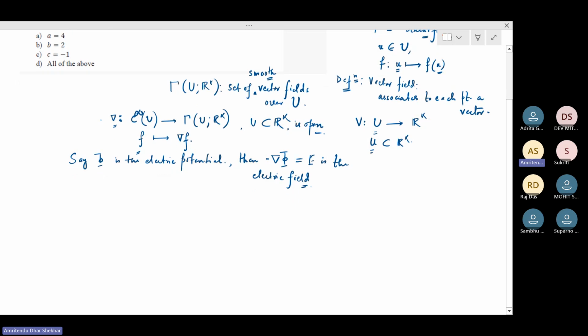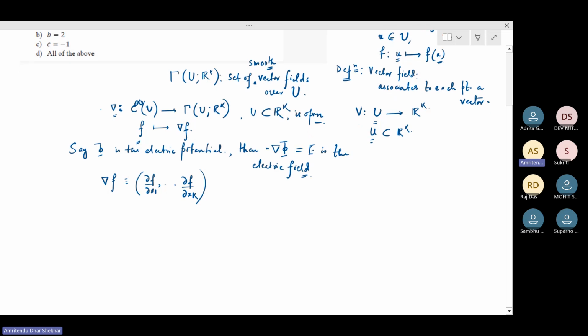Okay. And what is this grad? So we saw this grad last time. So grad of f is basically equal to this vector which is del f upon del x1 all the way to del f upon del xk. Okay, so this is grad of f. So this operator grad, which is basically a differential operator, acts on functions and gives you vectors.